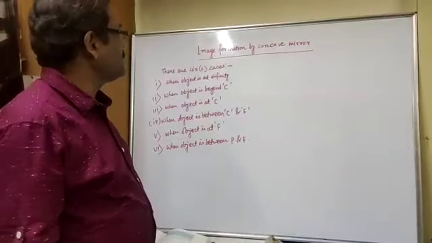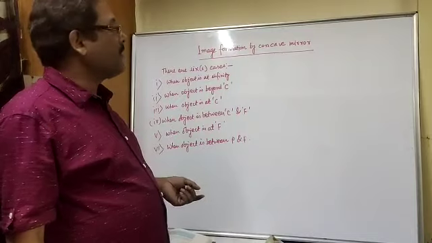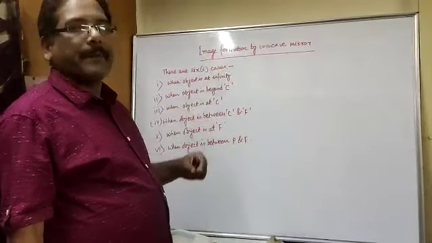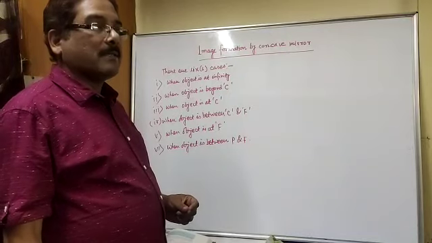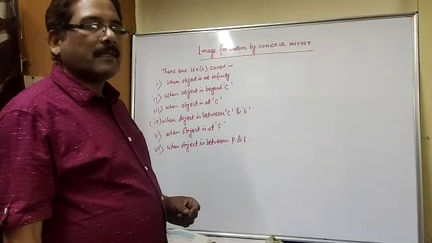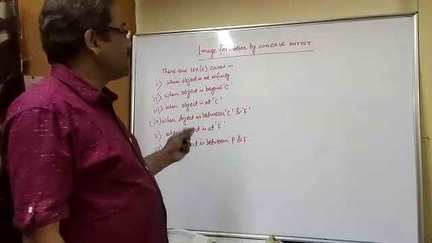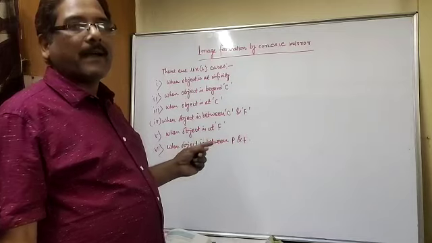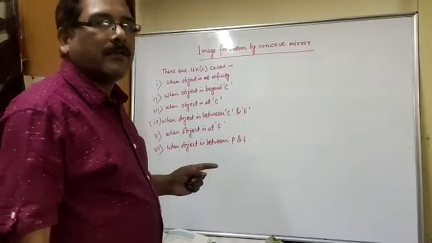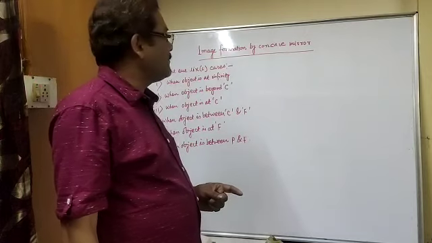Good morning, students. Today we are going to discuss the image formation by concave mirror. In the last class, I discussed the rules, that there are three rules. You just recall them. First rule was when a ray of light is parallel to the principal axis, it will always pass through the focus after reflection.